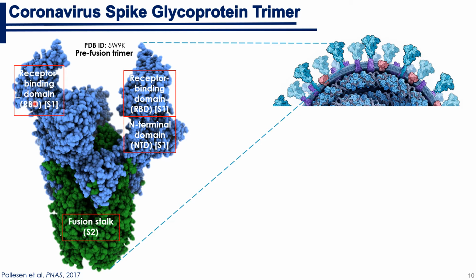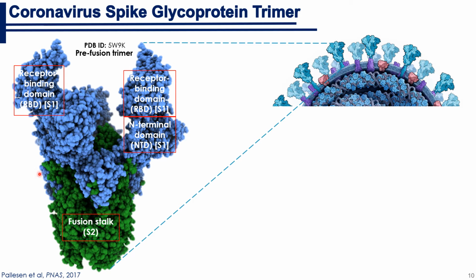This blue region is the S1 domain, and this green region is the S2 domain. The S1 domain has a receptor binding domain or the RBD, and for MERS-CoV it is the C-terminal domain of the spike protein, and it also has the N-terminal domain or the NTD. This green domain, the S2 domain, is the fusion stalk.